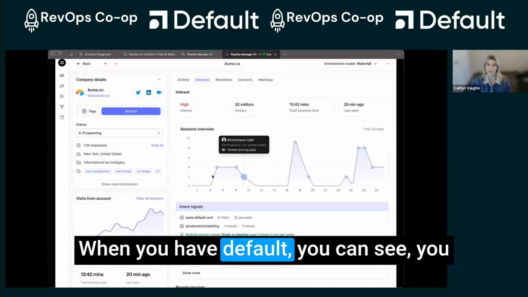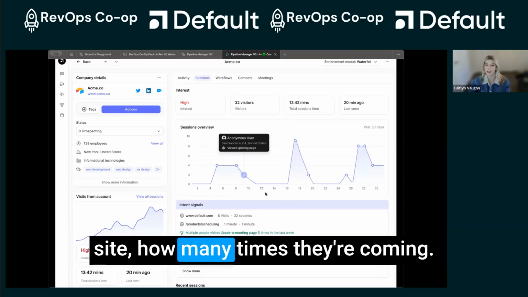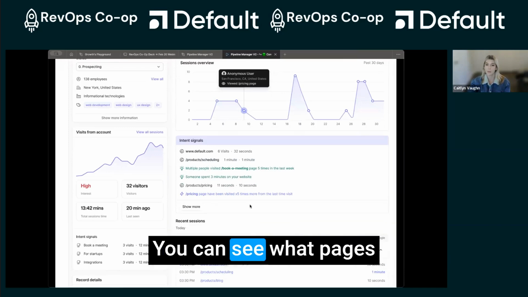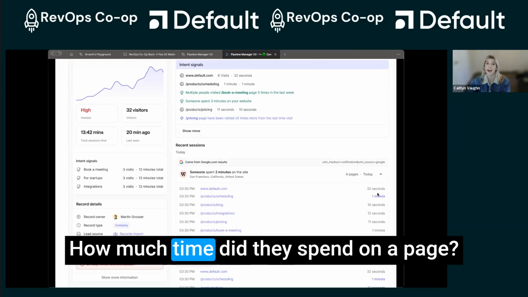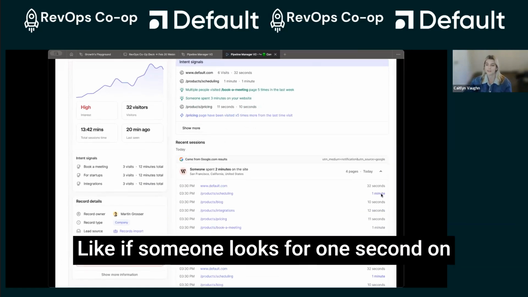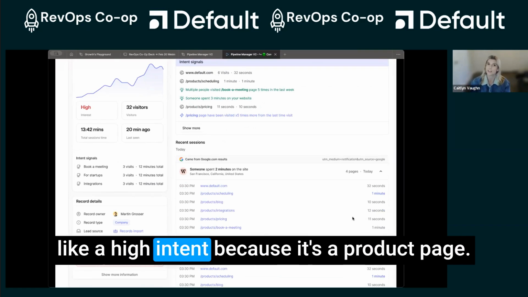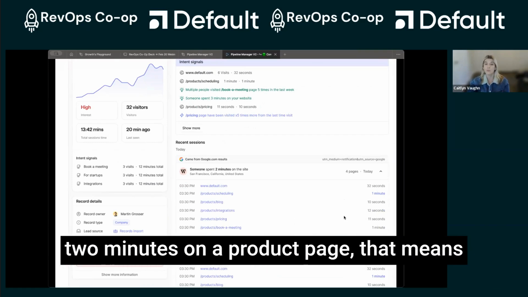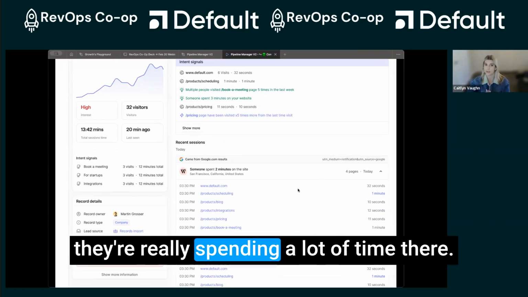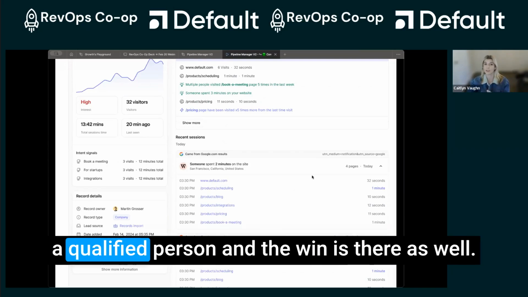When you have Default, you can see when this person is coming to your site, how many times they're coming, what pages they're viewing, where they came from, and how much time they spent on a page. If someone looks for 1 second on a page, maybe they just misclicked, right? You might interpret that as a high intent signal because it's a product page. But if we know that they spent 2 minutes on a product page, that means they're really spending a lot of time there. So that's a great signal for us that that person is qualified.